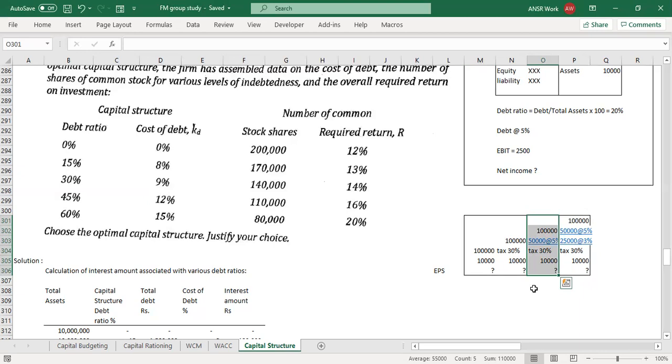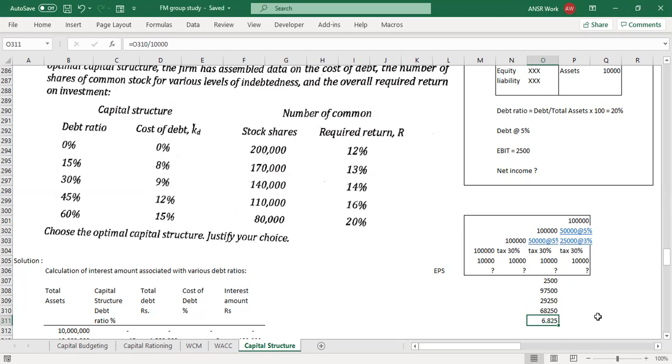Is it 6.75? 6.75. Let me just quickly calculate it. I have not calculated. No, 6.75 is incorrect. 6.825 is correct.